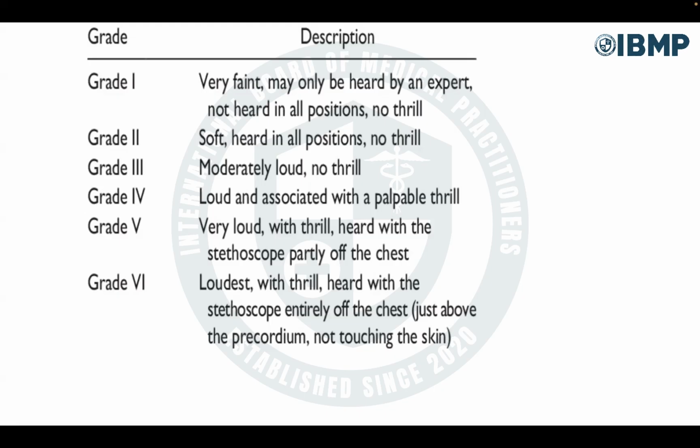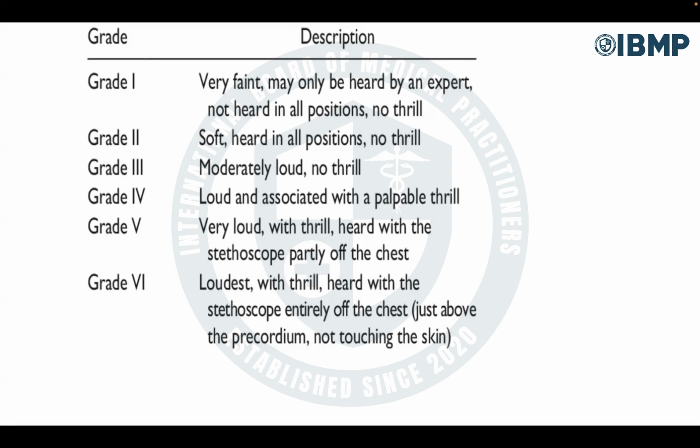Grade 5 will be a very loud murmur with thrill, which can be heard with the stethoscope partially off the chest. Grade 6 murmur is the loudest.